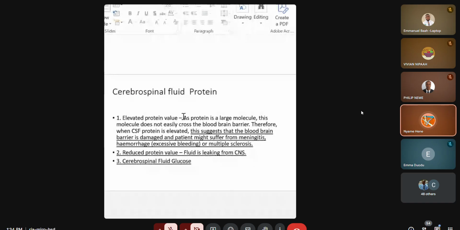So elevated protein value, as protein is a large molecule, this molecule does not easily cross the blood-brain barrier. When we say blood-brain barrier, we are saying that the blood assimilates into the cerebrospinal fluid. Do you understand? So there is a semi-permeable junction or semi-permeable membrane there that is preventing some components from entering the brain.